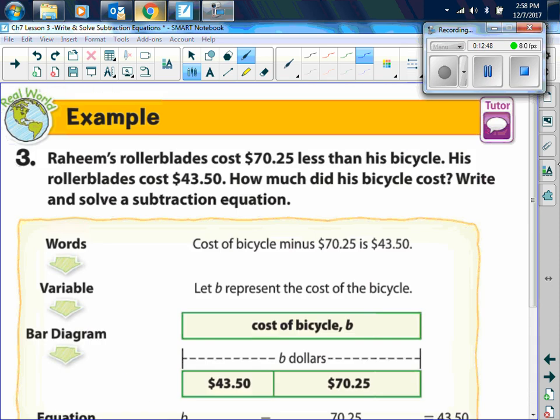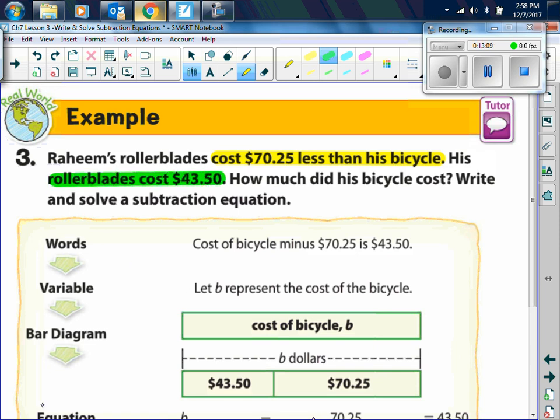All right, example 3 says Raheem's rollerblades cost $70.25 less than his bicycle. His rollerblades cost $43.50. Okay?